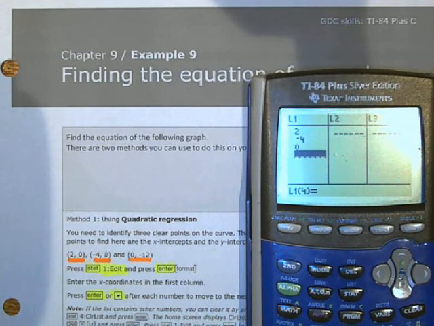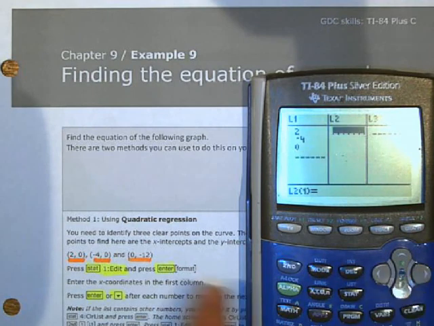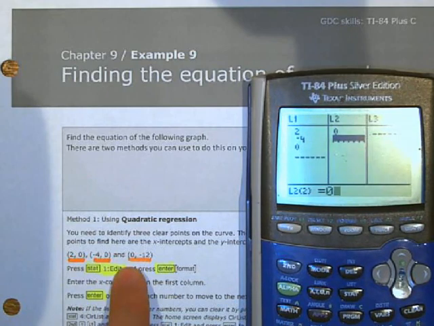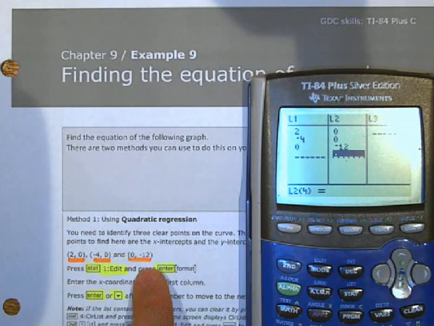Then I have to arrow to the right, and now I can put the y values of these points. So 0, 0, and -12. All right, so I've got the x values and the y values of the coordinates typed in.